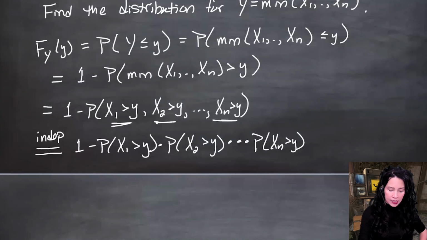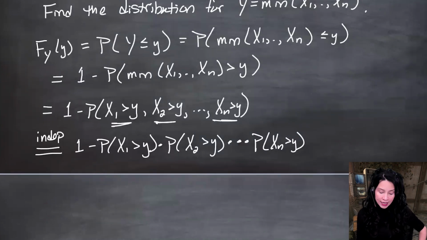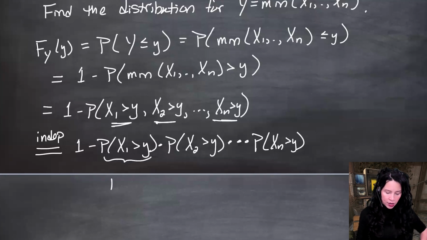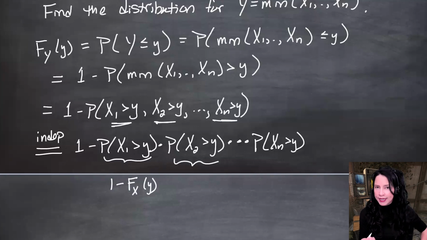So that's by independence. And they're all identically distributed. So this is like 1 minus the CDF for x. I'm not putting an x1 there because there's just an x CDF or an x PDF, and they all have the same one, of y. And this is the same thing because x2 uses the same CDF or same PDF as x1.